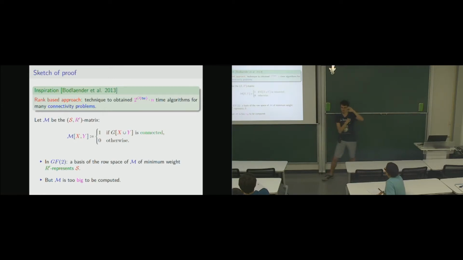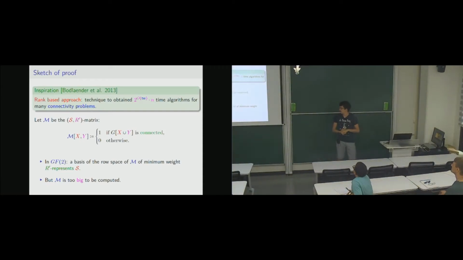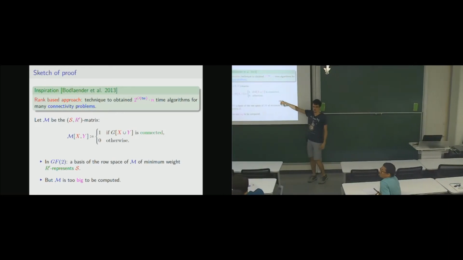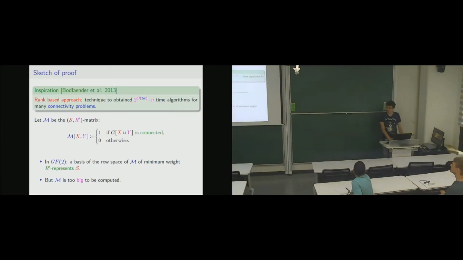So if for Y you have something which gives a connected graph, then you have something in your basis that also gives a connected graph with this Y. Right? But M is too big to be computed because R prime can be very large. So this is not enough.